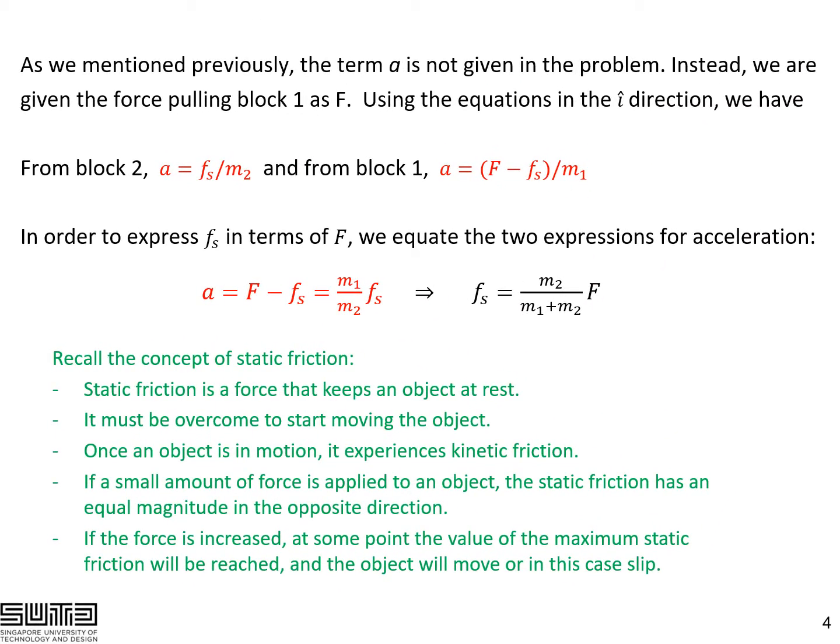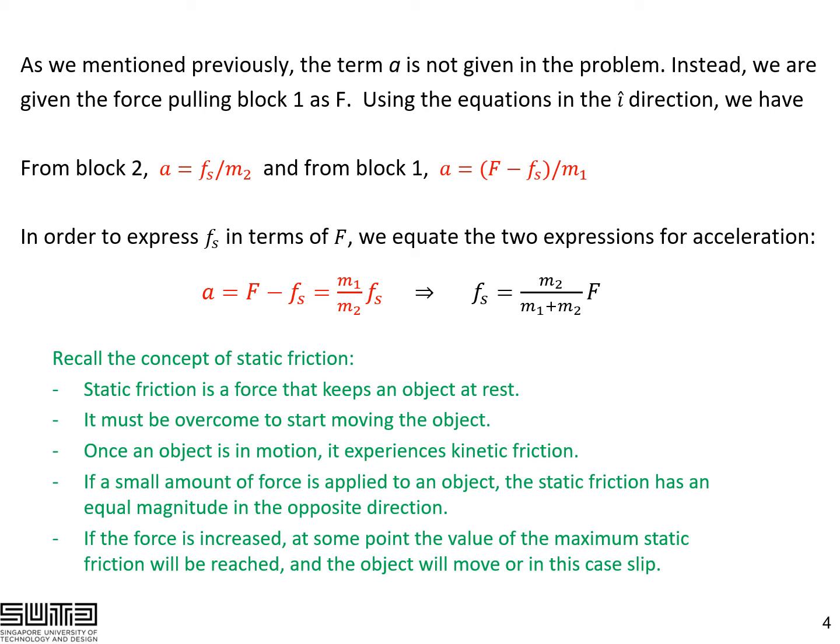The acceleration is not given in the problem, and we are only given the pulling force on block 1, that is, capital F. Using the equations in the i direction, we have a equals F of s divided by M2 for block 2, and a equals capital F minus F of s divided by M1 for block 1.